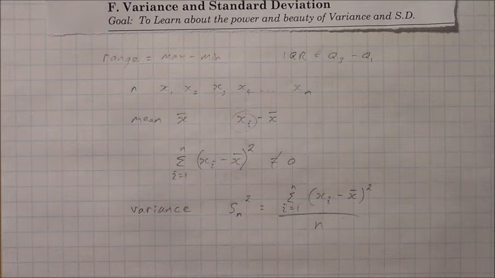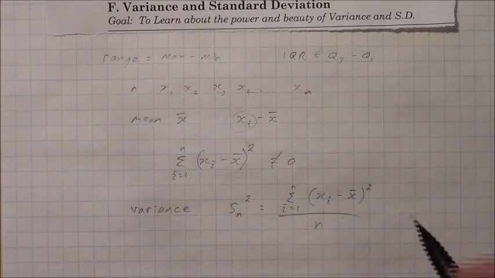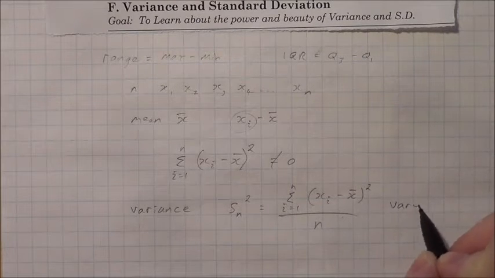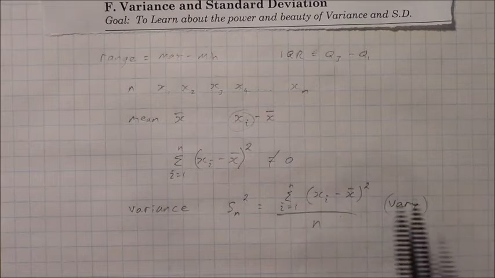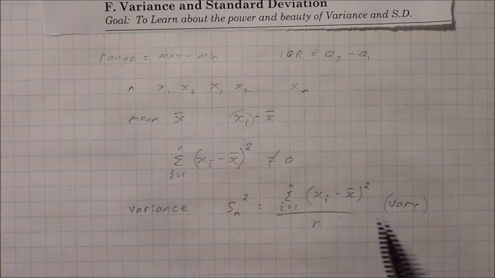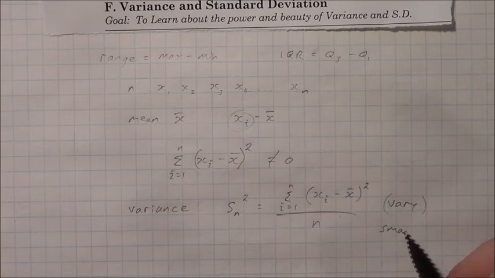That would indicate that there's not much deviation from the mean. The deviation from the mean is very small. Hence the root of the word being to vary, if the variance is small, then it's close to the mean.